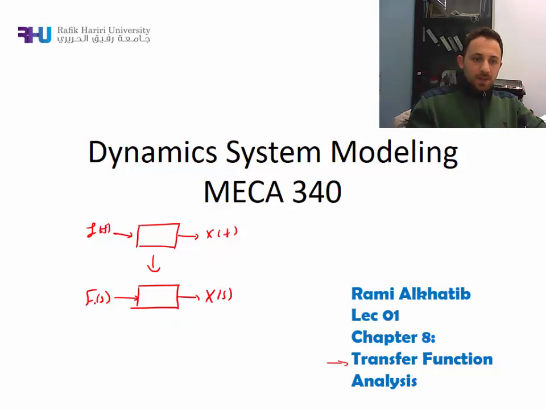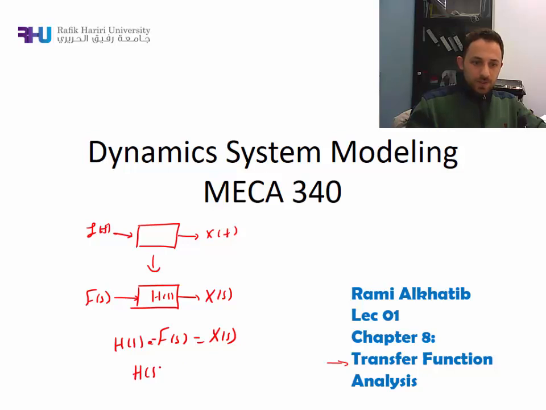And the relation between the input and the output is some function called H of s. This H of s multiplied by F of s is equal to X of s.